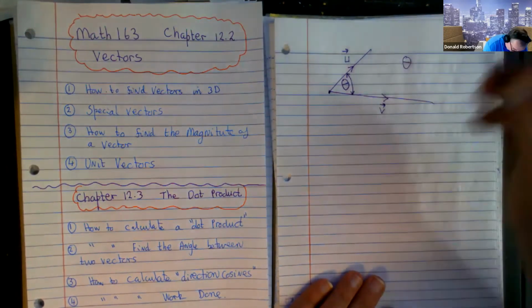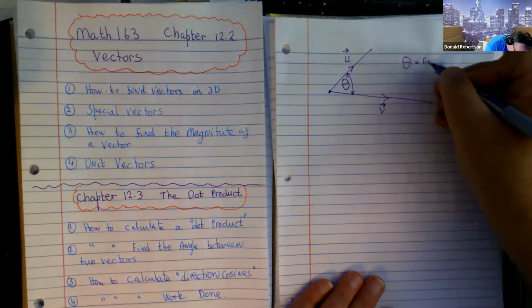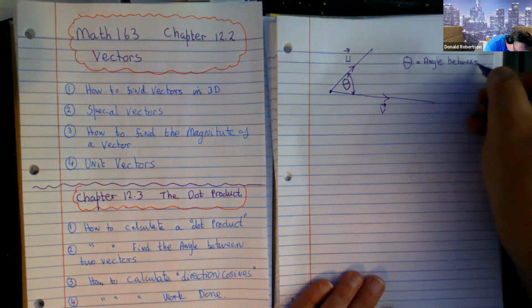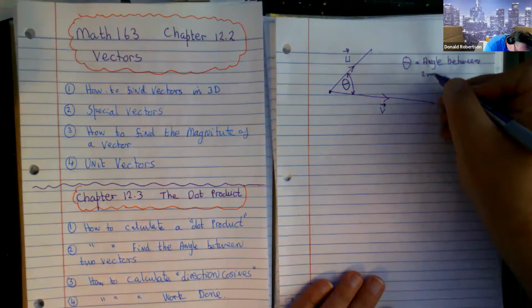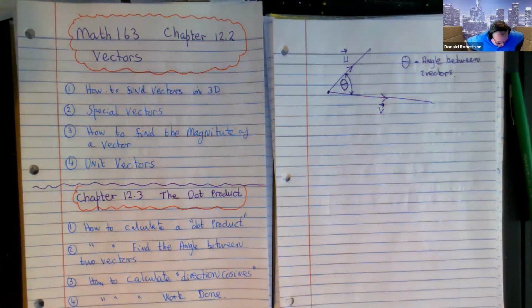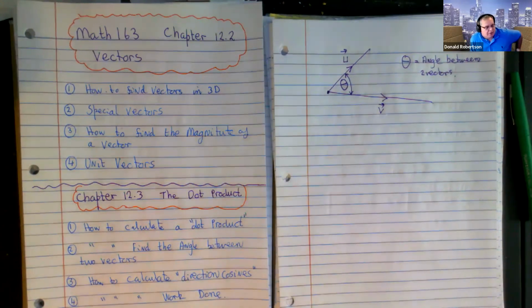Theta is very often the Greek letter we use to represent the angle between two vectors. One of the main uses of the dot product is that it will eventually allow us to calculate that angle.